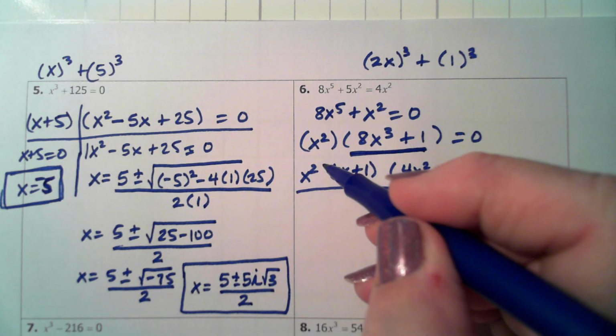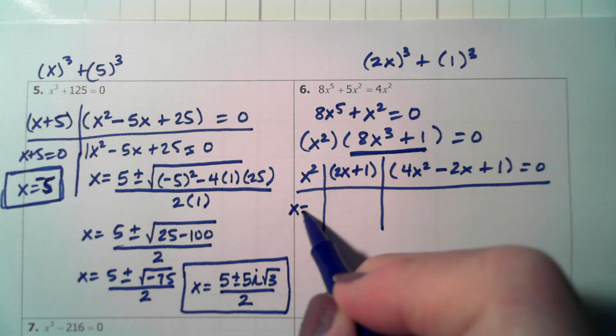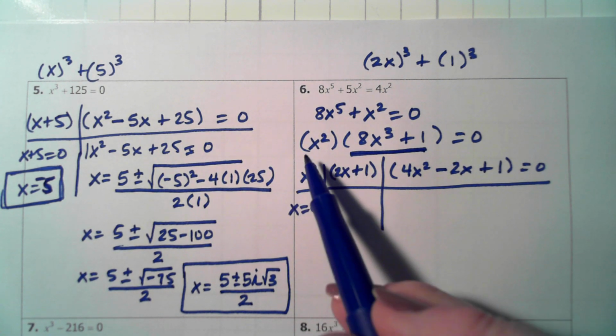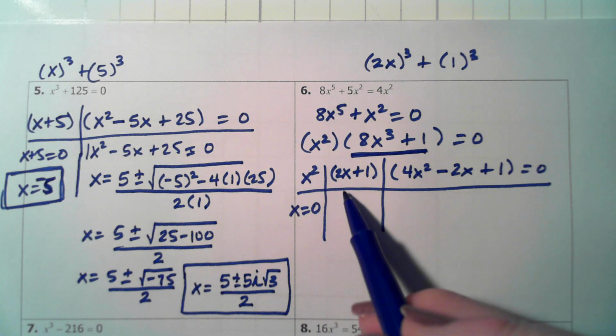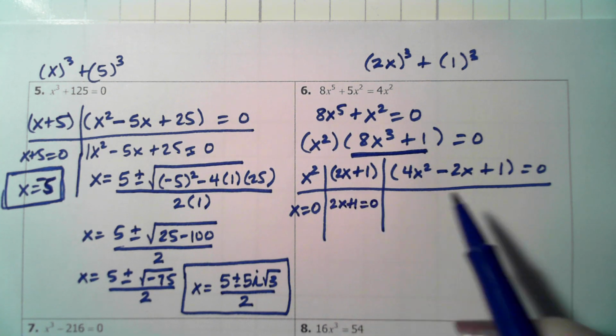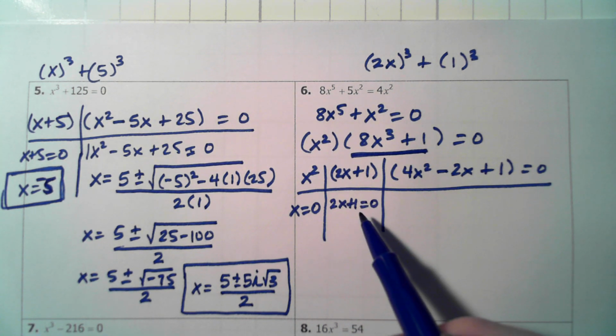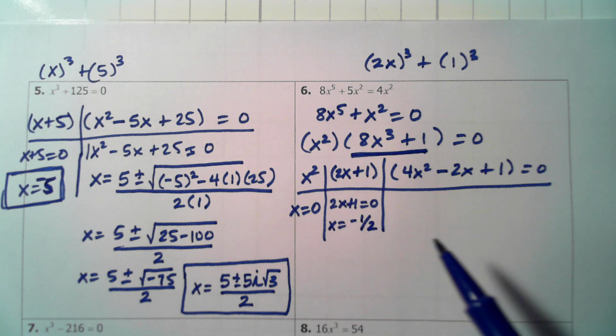And we have, once again, our little tree that we're going to do here. So this is going to be x. I'm just going to write x equals 0. I think we can get to that right now. That if x squared, then we know that when x is 0, we have that. Here I've got 2x plus 1. 2x plus 1 equals 0. So we would subtract 1 and divide by 2 and get x equals negative 1/2.